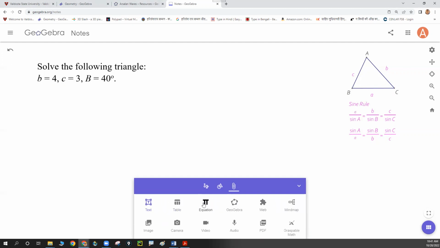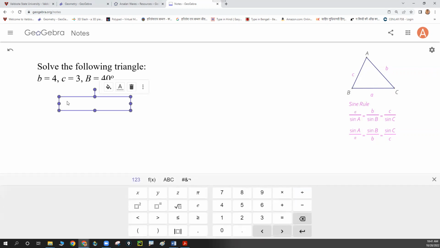I'm going to start with, let's say I'm looking for angle C right now. I'm better off starting with sine B over small b equal to sine C over small c.